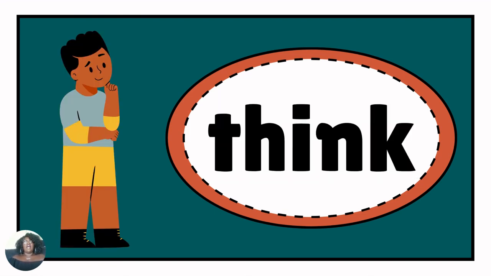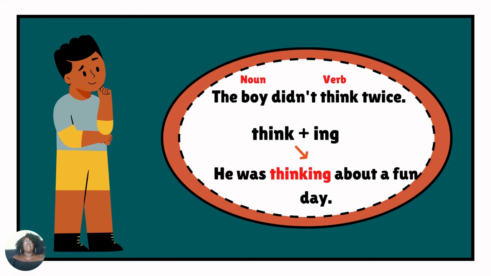Think. Again, think is an action word. Next slide. The boy didn't think twice. Boy is the noun. Think is the verb. Think describes what the boy didn't do. He didn't think twice.